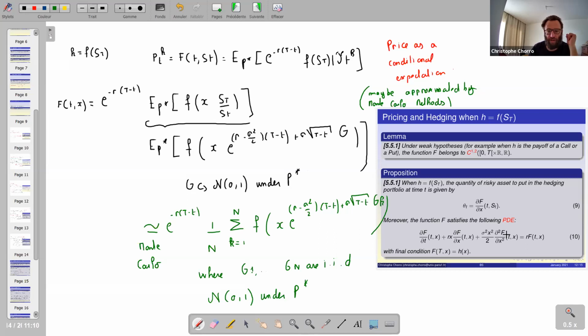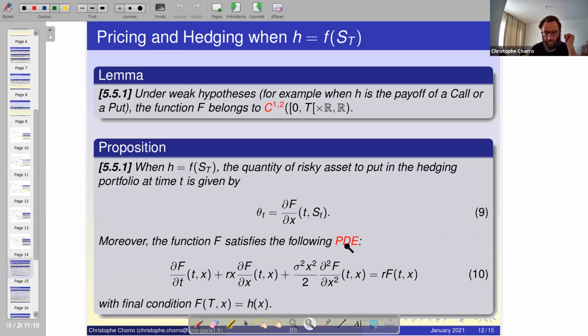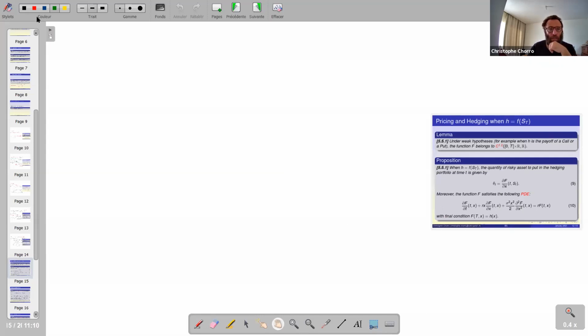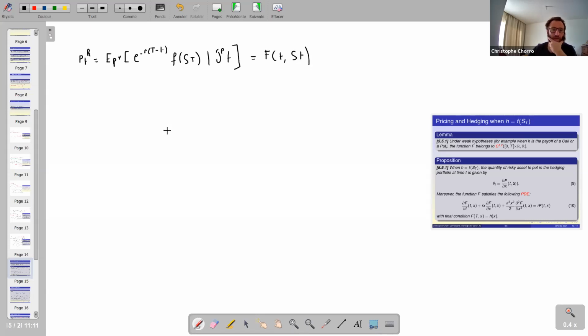So let's prove this proposition 5.5.1. I remind you that the price of my contingent claim, I write everything once again, is given by this one, and it's equal to F_T of S_T.